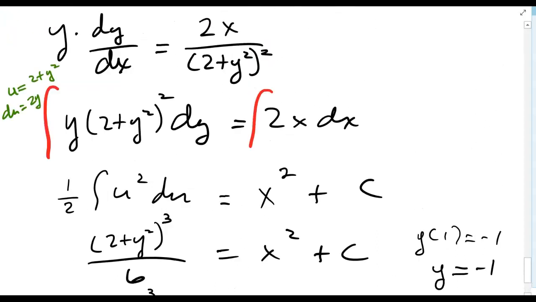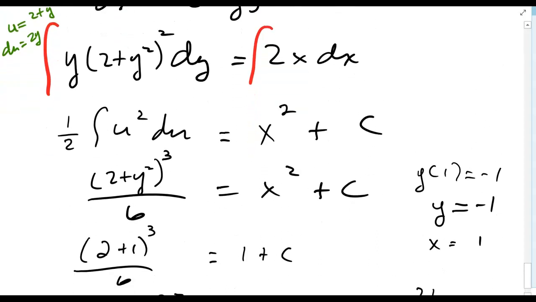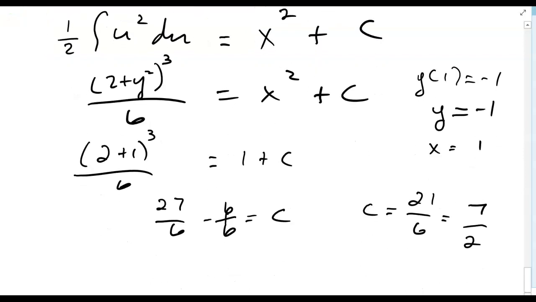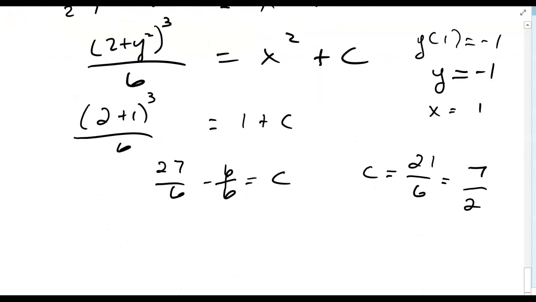So cleaning it up, let's see what we have. Where's our problem? There it is. So we have (2 plus y squared) cubed over 6 equals x squared plus 7/2.